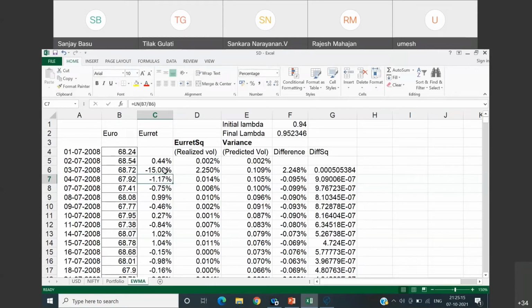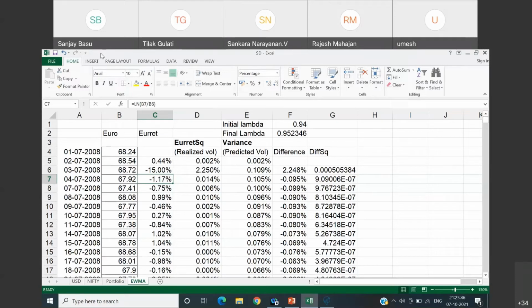So this method, known as exponentially weighted moving average, helps us capture sharp spikes in recent volatility and adjust our volatility estimates in line with large market movements. Right?